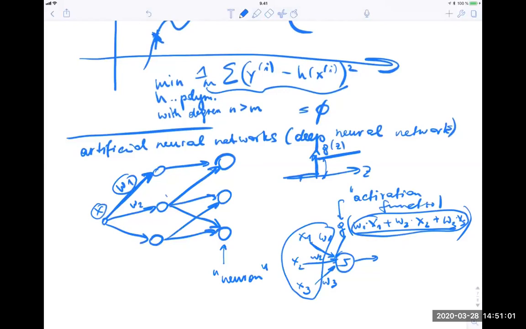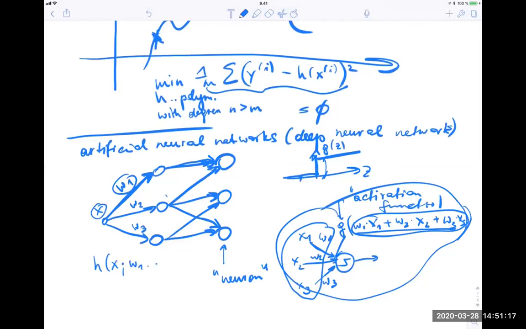So a neural network is nothing but a concatenation of these simple computational units. And in the end, what does it deliver? It delivers just again nothing but a mapping that is parameterized by many, many parameters. And this predictor map for an artificial neural network, how do we implement it?